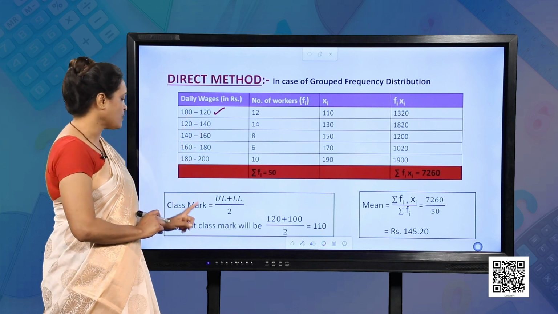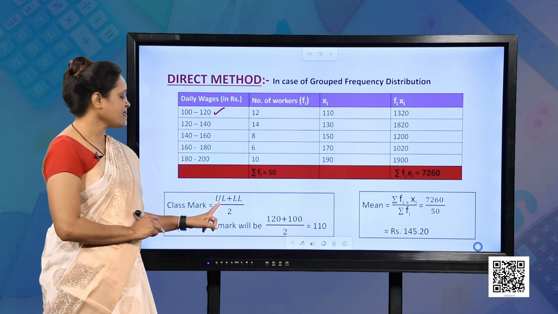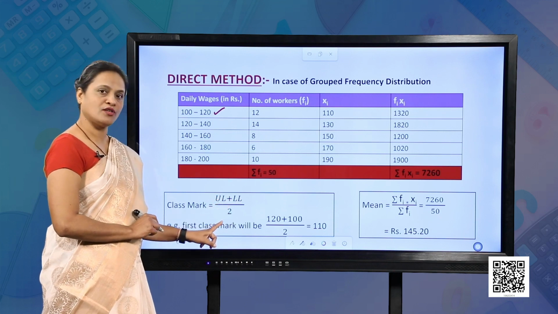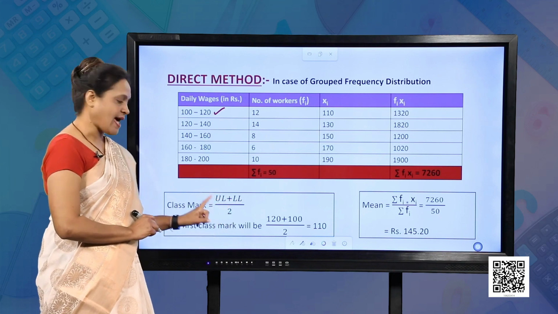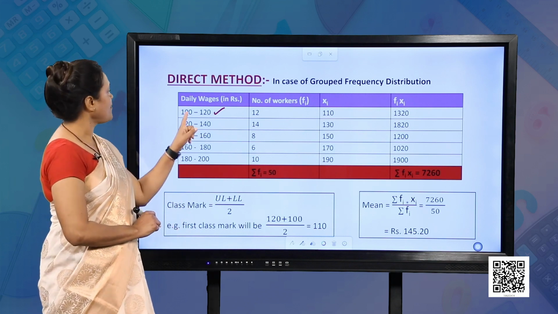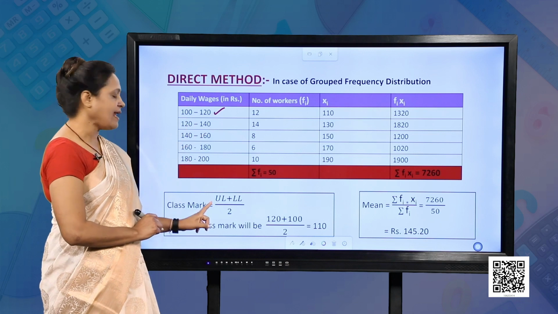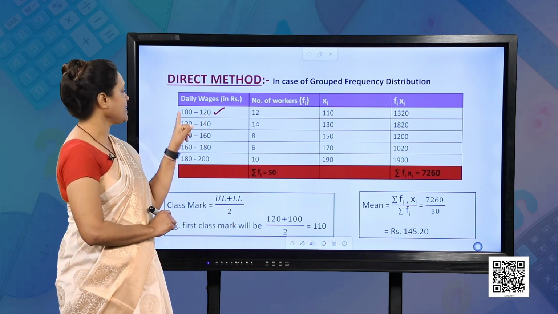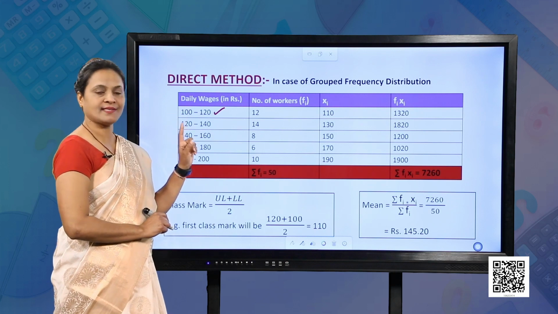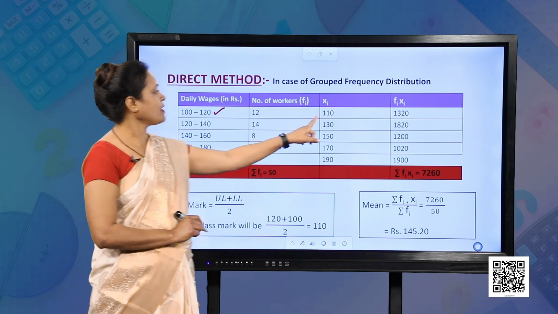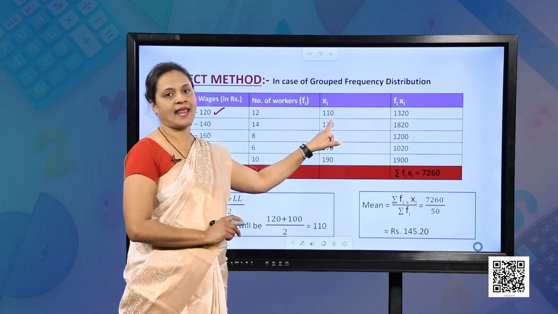It can be calculated by using this formula, upper limit plus lower limit upon 2. This Xi is called the class mark. So, for the first class interval, the value will be upper limit, that is 120, plus lower limit, that is 100, which turns out to be 220 divided by 2. So, the value comes out to be 110.